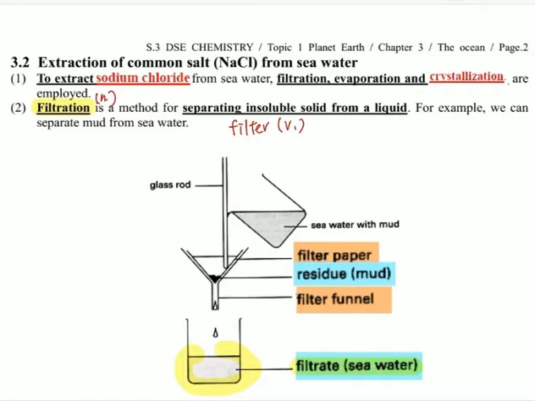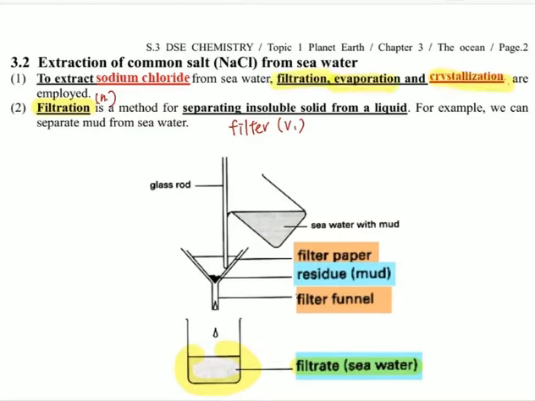So we filter the seawater, and then it can remove all these insoluble solids from seawater. Then how can we obtain sodium chloride from the seawater? So we can do evaporation and crystallization next, okay?